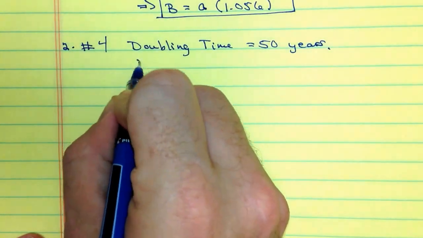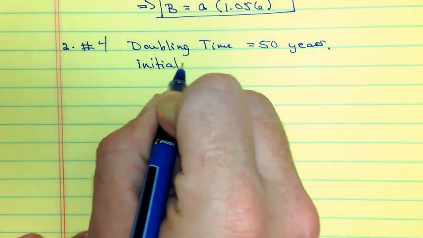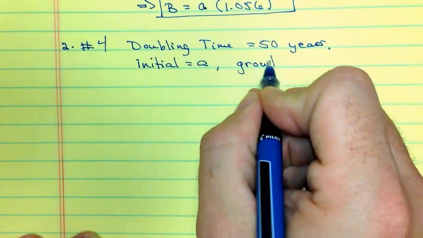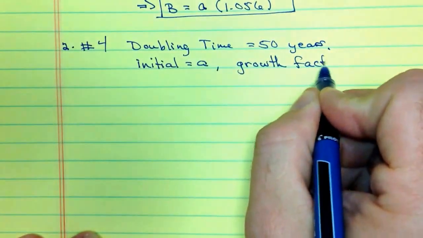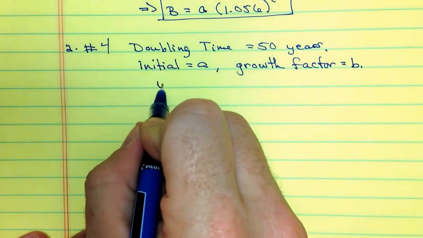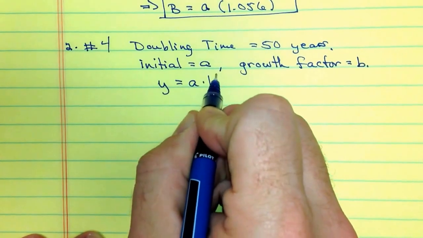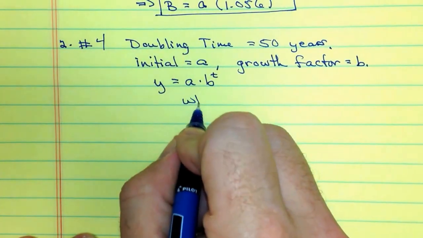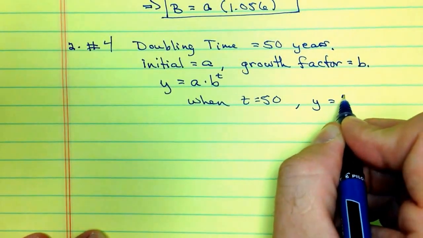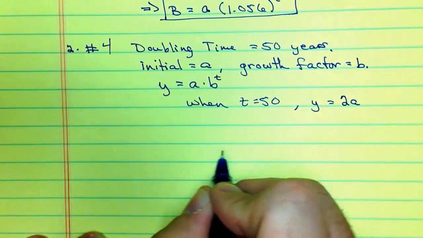Well, we can let the initial value again be a, growth factor be little b. So we essentially have y equals a times b to the t, right? But when t equals 50, y must equal 2a because we've doubled from the original.